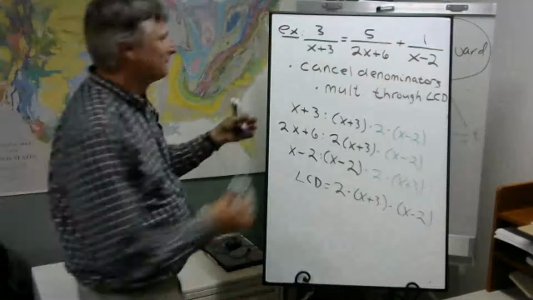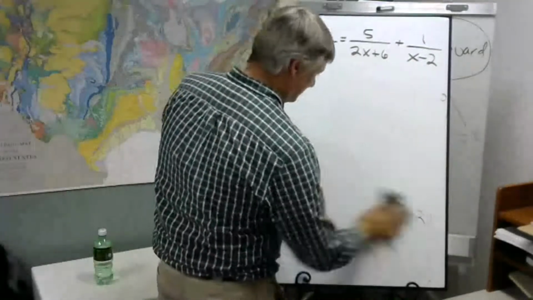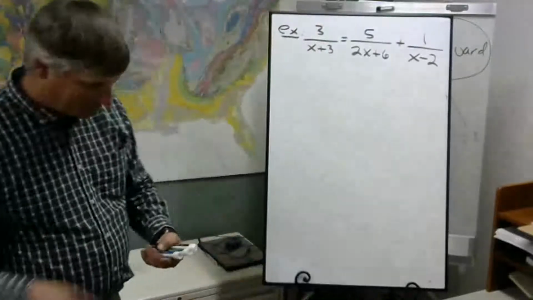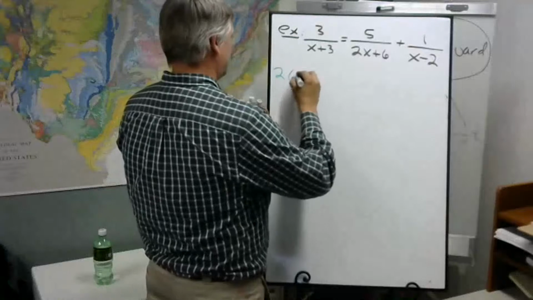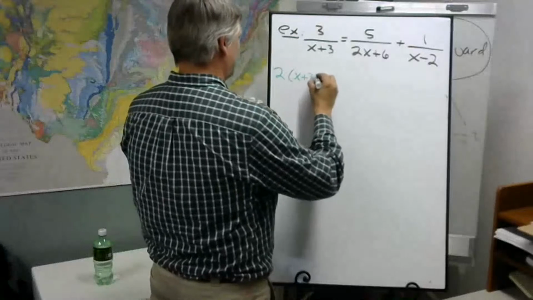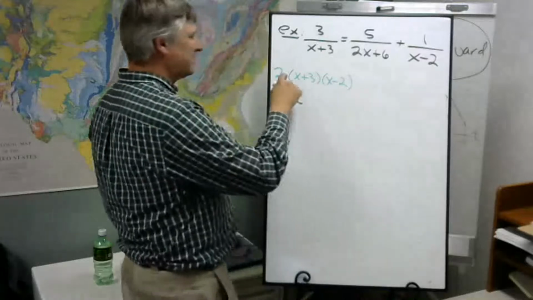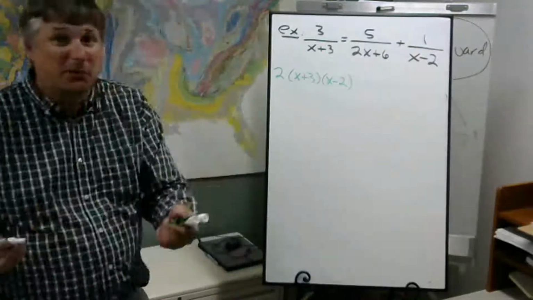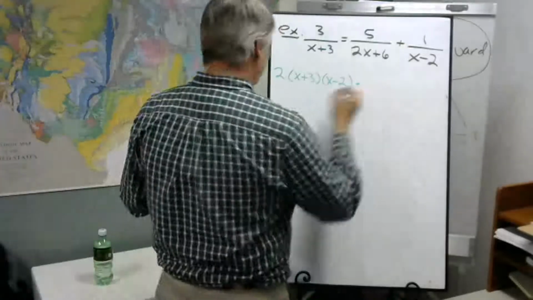Well, let's do it. And I usually put dots for multiplication, but I'm going to leave those out. But we'll put one for here.